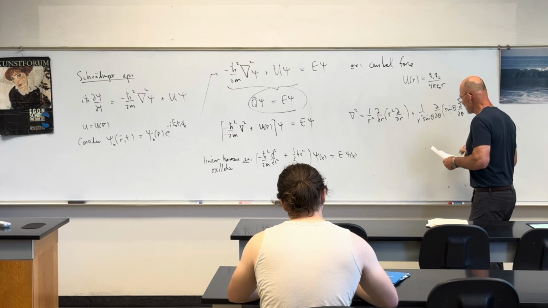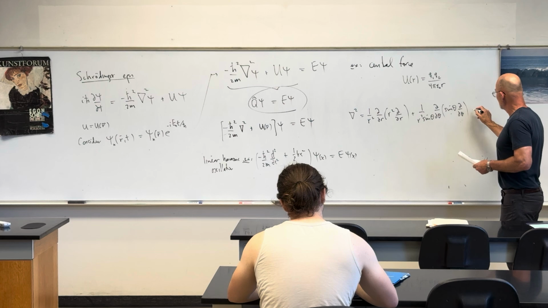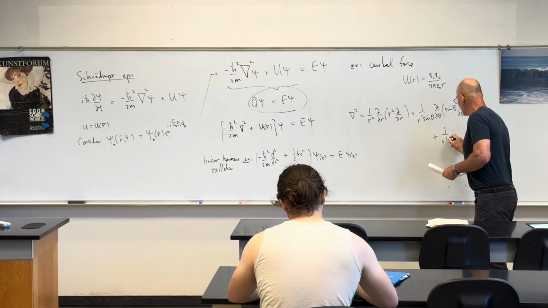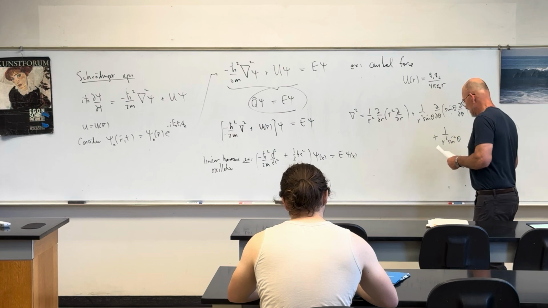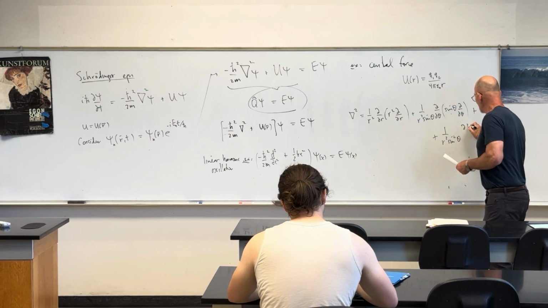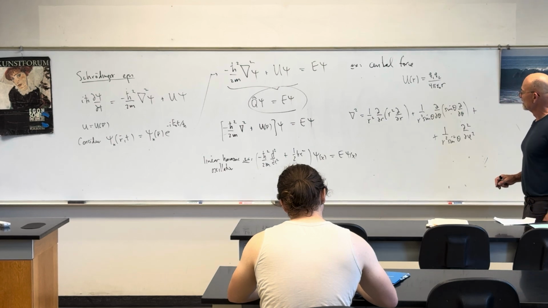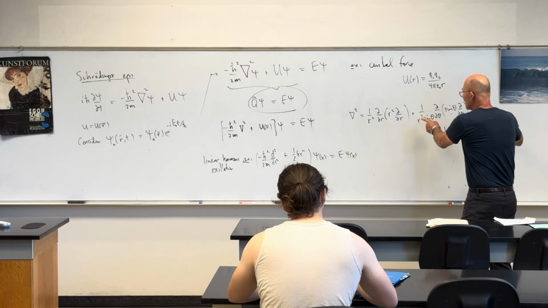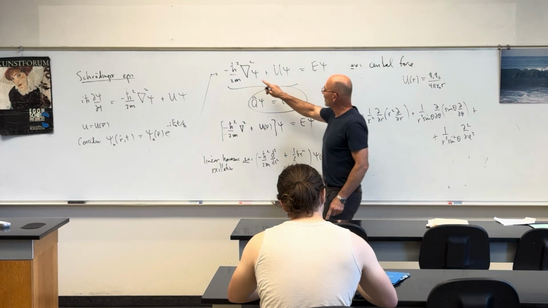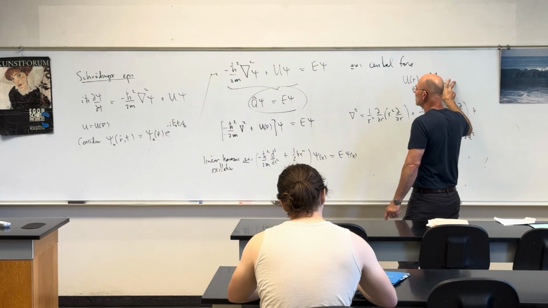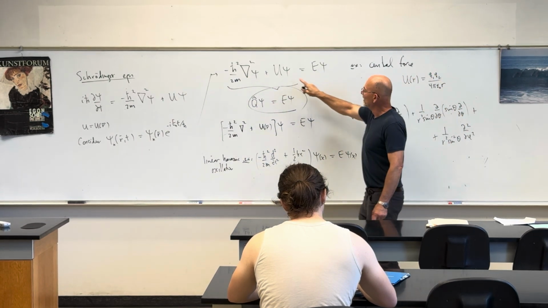When you study the hydrogen atom, this is what you're going to have. I'm not even done yet. 1 over R squared sine squared theta d squared over d phi squared. So this goes here, right? And Coulomb's potential goes right there.